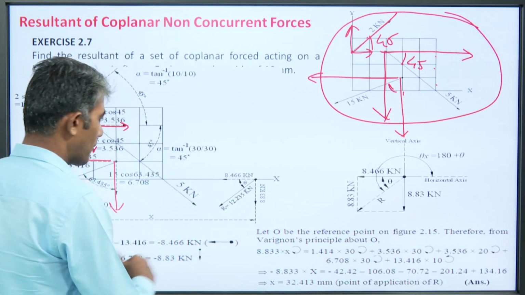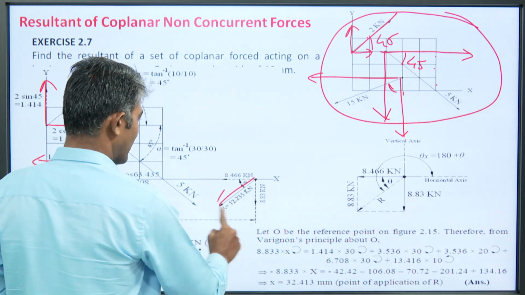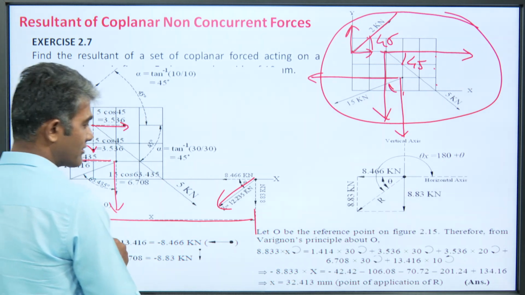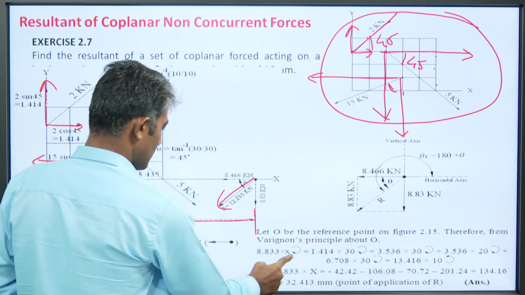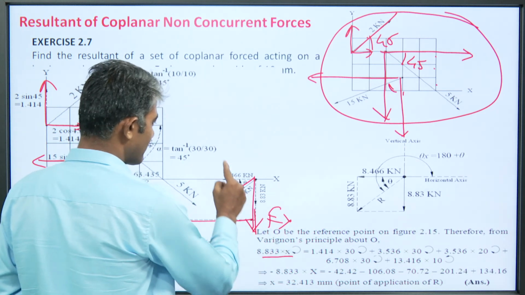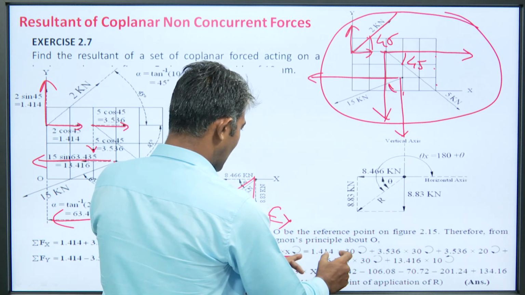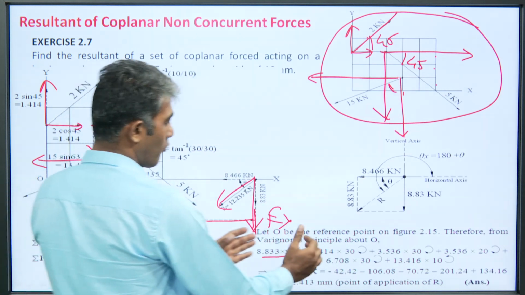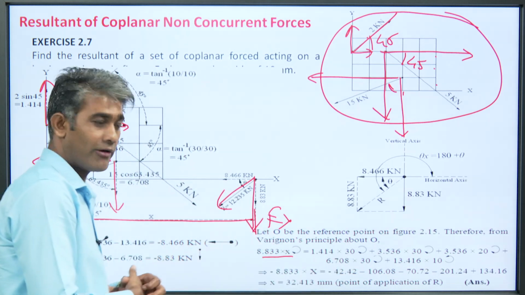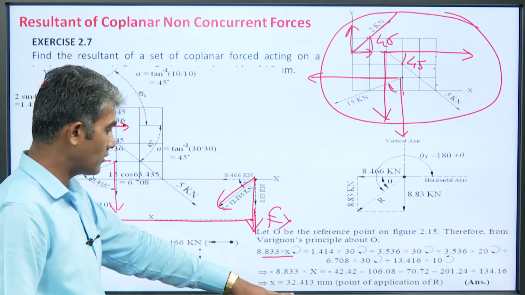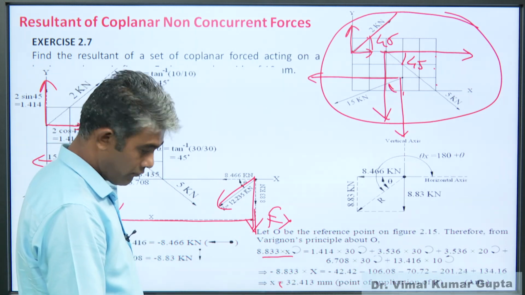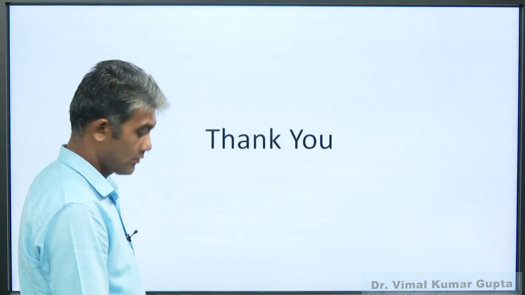Suppose this is the resultant R acting at a distance x. The components of the resultant are Fy and Fx. So, Fy into x equals the summation of moments due to all component forces, taking clockwise or anti-clockwise direction as positive or negative. The value can be calculated: x is equal to 32.413. Okay, thank you.